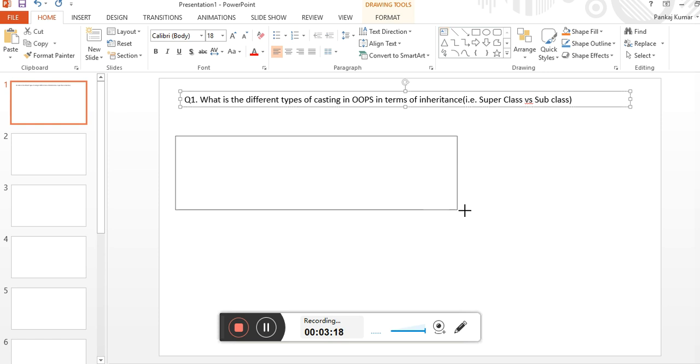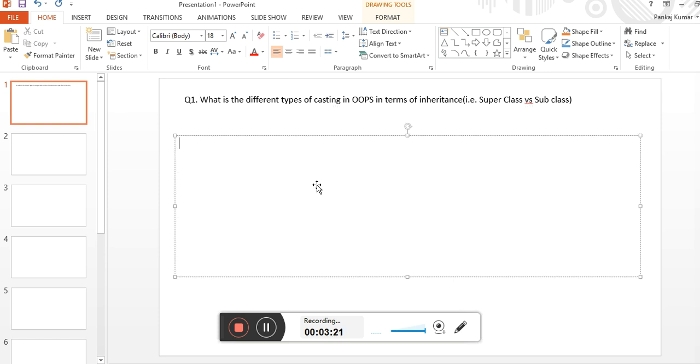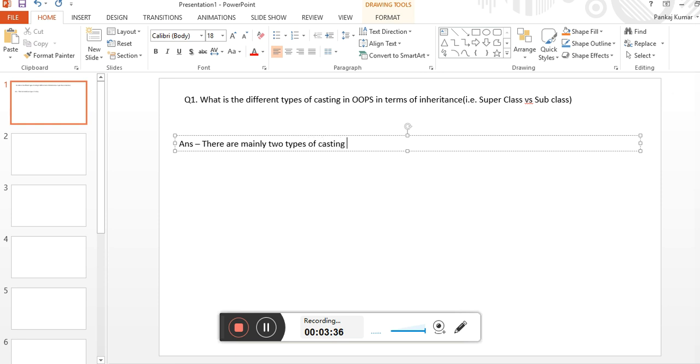Answer: there are mainly two types of casting. One is narrow cast and the other is widening cast.